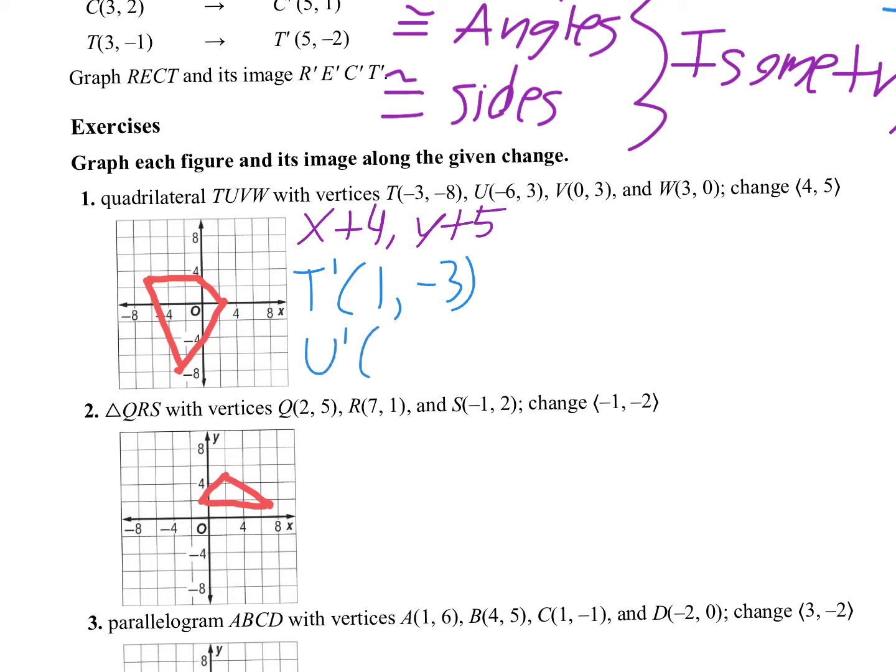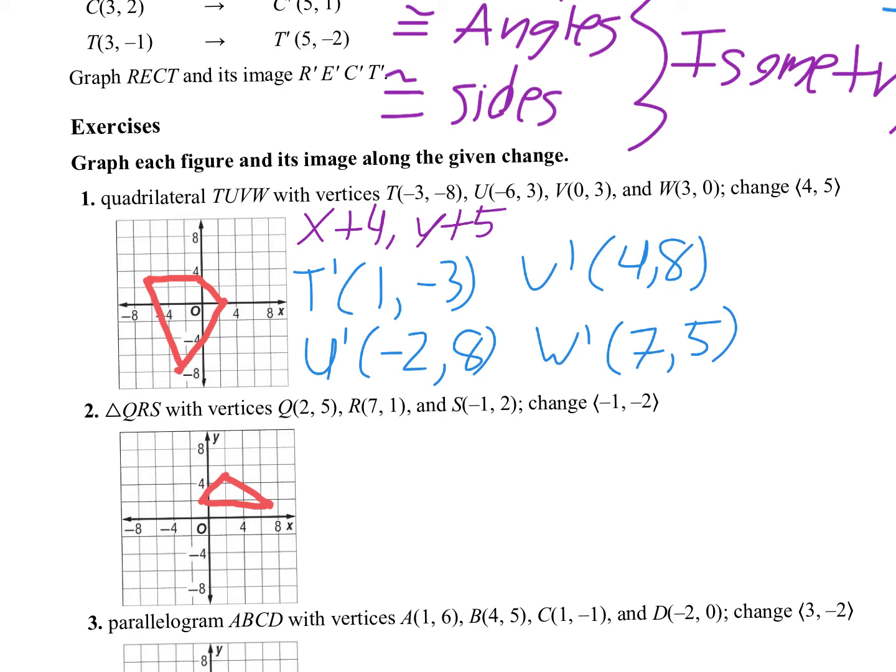U prime will exist at (-2, 8). V prime will exist at (4, 8). And W prime will exist at (7, 5).